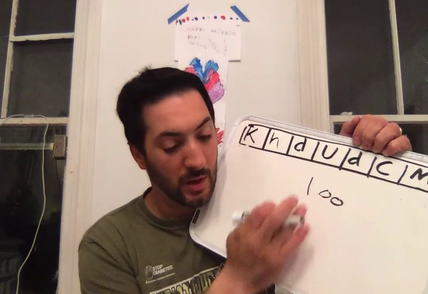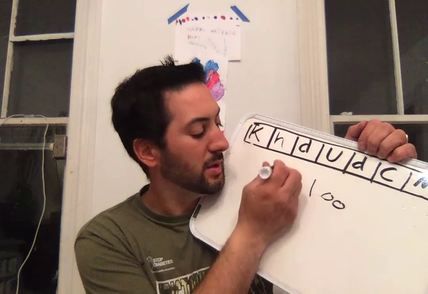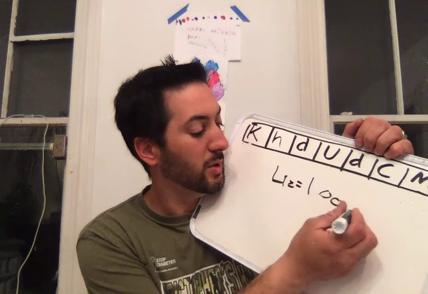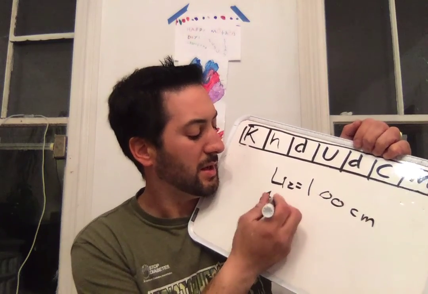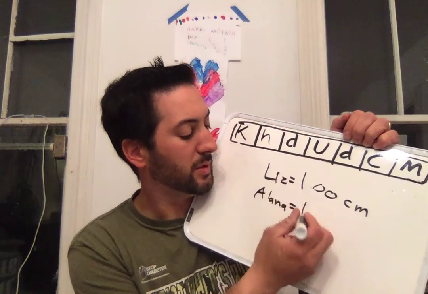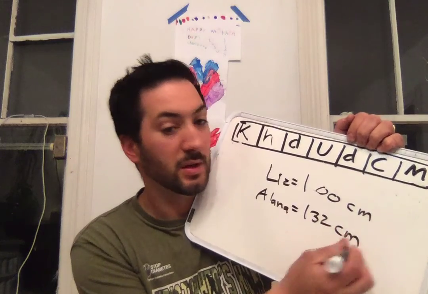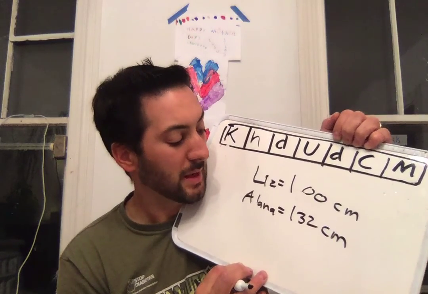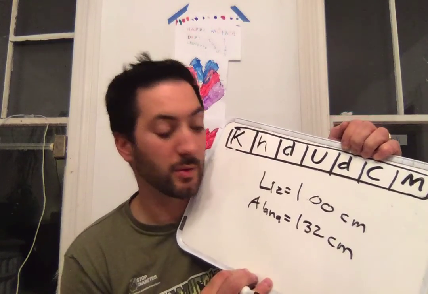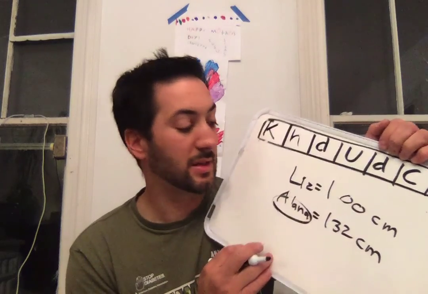So Liz equals 100 centimeters. Alana equals 132 centimeters. Obviously Alana's more. It says how much? 132 minus 100. If you can't do that in your head, then you have a problem. Obviously 32 would be the answer.